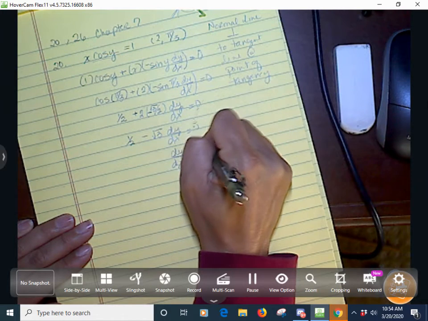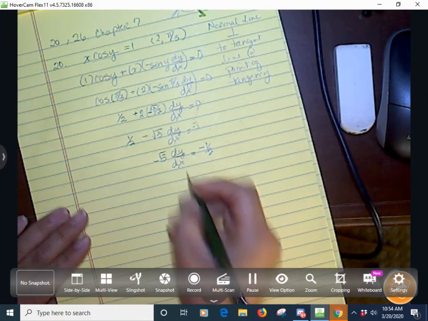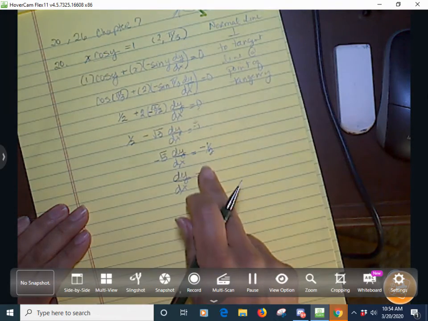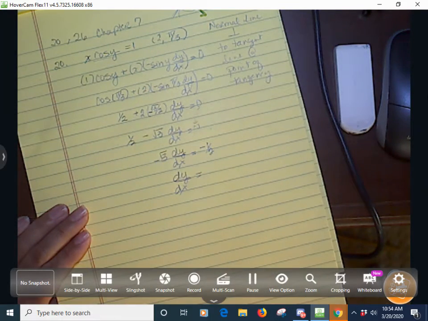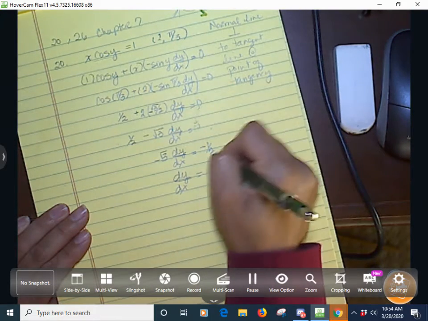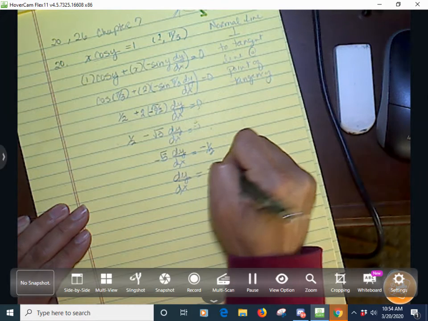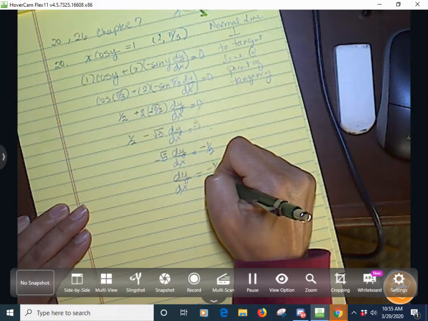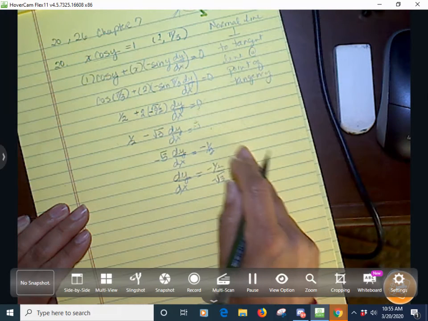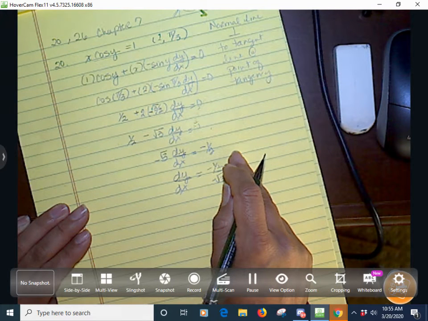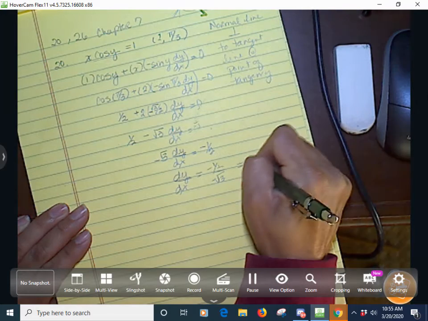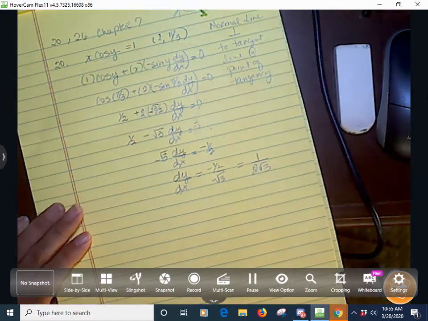So dy dx is equal to negative 1/2 divided by negative square root of 3. Multiply by the reciprocal, so that means this is going to be 1/2 square root of 3. Sorry, that was a challenge.